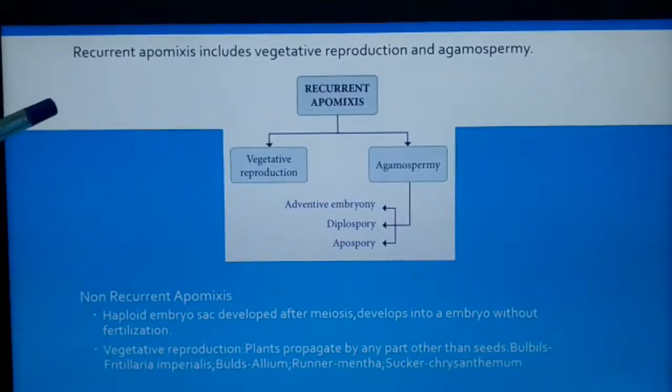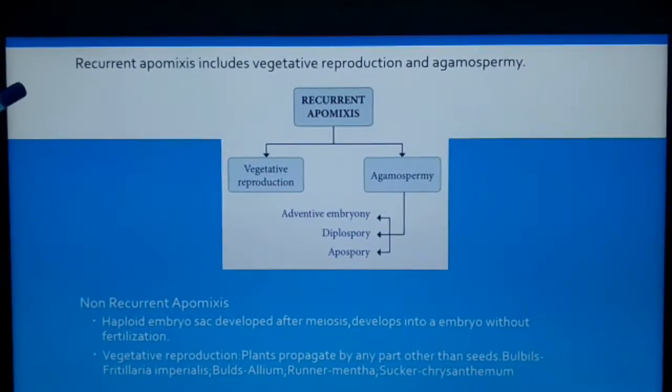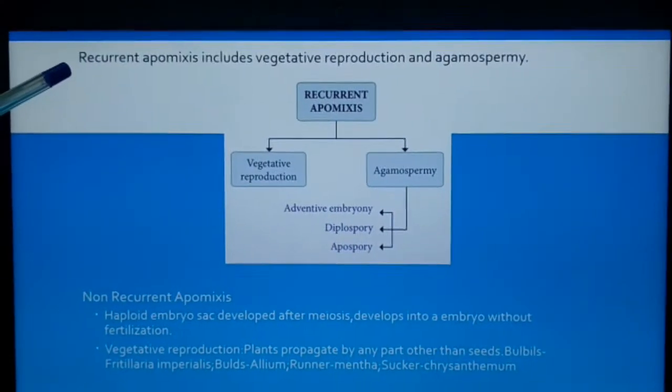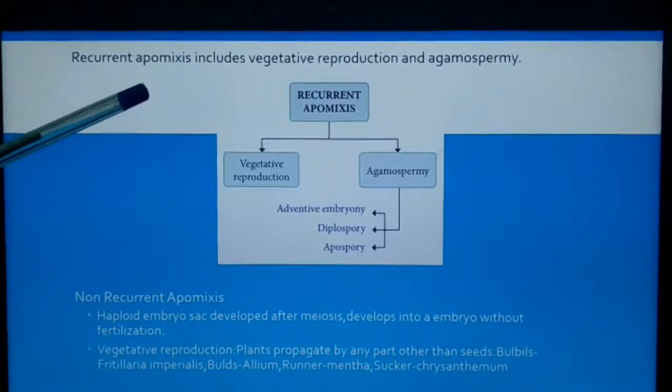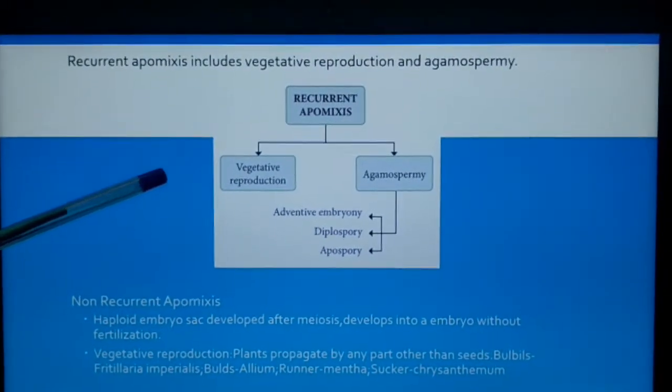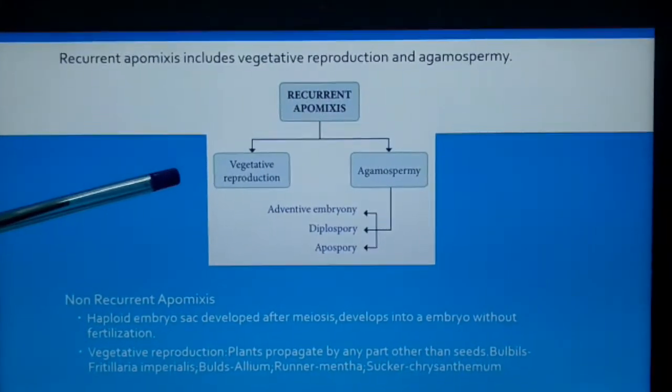Recurrent apomixis includes vegetative reproduction and agamospermy.